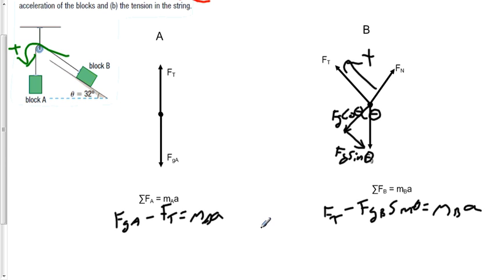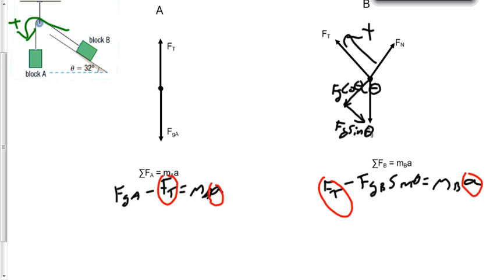So the masses are different, but the accelerations will be the same, and these tension forces will also be the same. So you can see I've got two equations with two unknowns, because I don't know what the tension force is or what the acceleration is, but they appear in both equations, and I know everything else. Now it's just a matter of subbing one into the other and doing a little bit of rearranging. Let's get started on that.